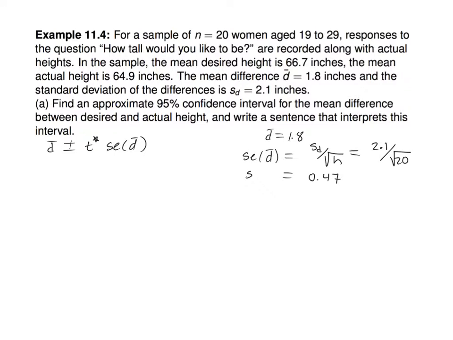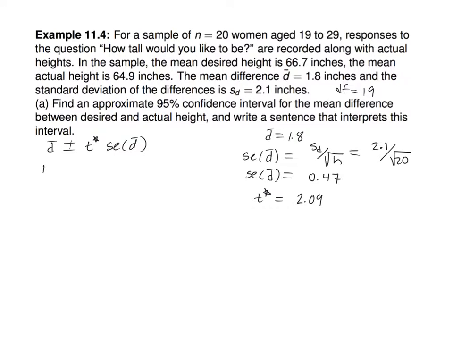Okay. And what's the last thing we have to find? T star. How many degrees of freedom do you have? 19. I think that's actually probably even on your table, isn't it? So what's your multiplier? Great, 2.09. Awesome.